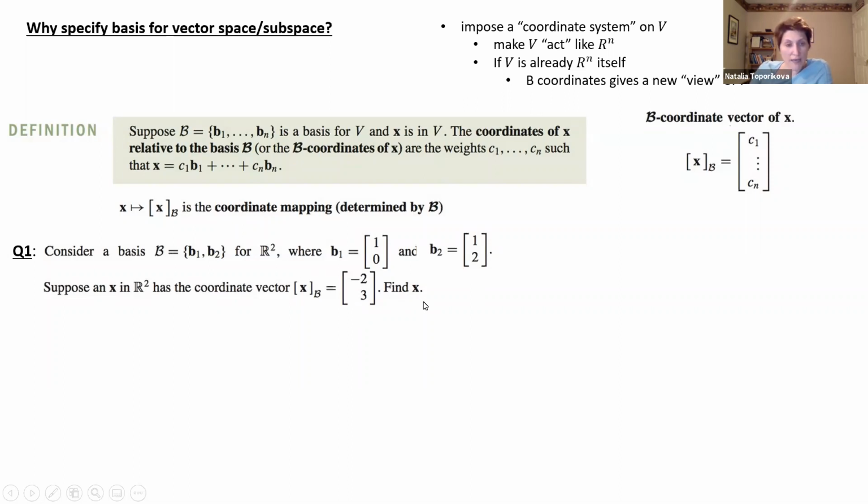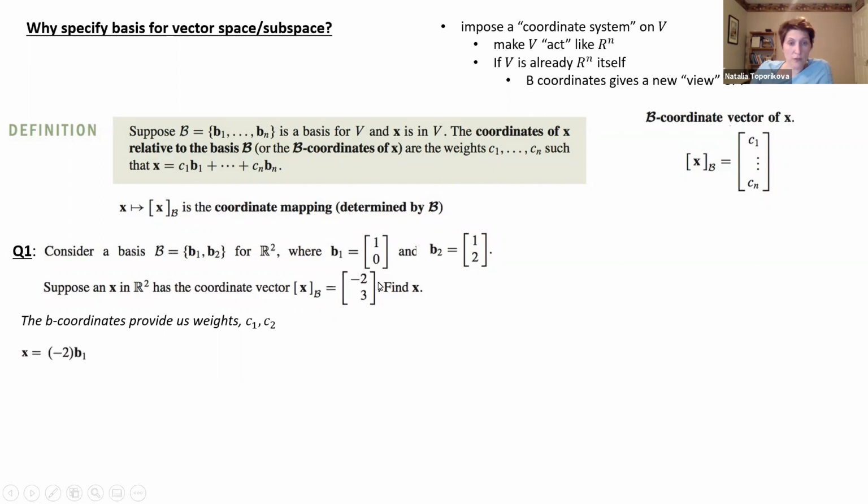Let's just find this vector in normal coordinate systems. And this is where it's very important to remember that our B-coordinates are just the weights, C1 and C2, which is basically, in our definition, C1 is the first component of the coordinate vector, and C2 is the second component.